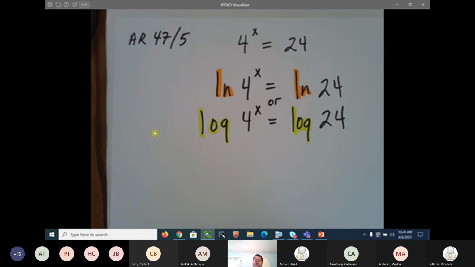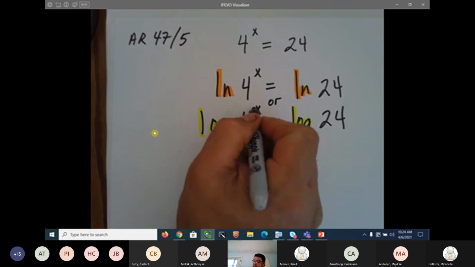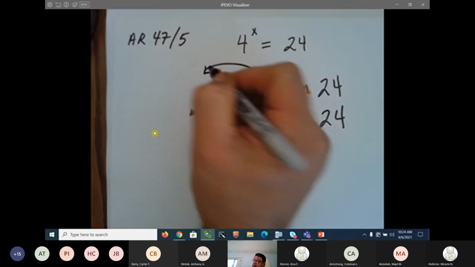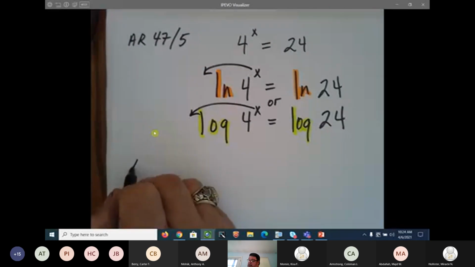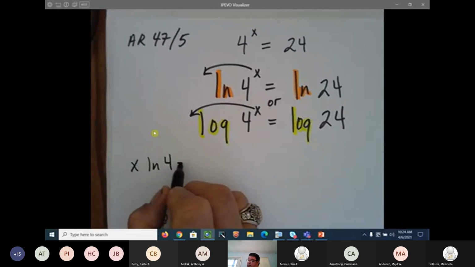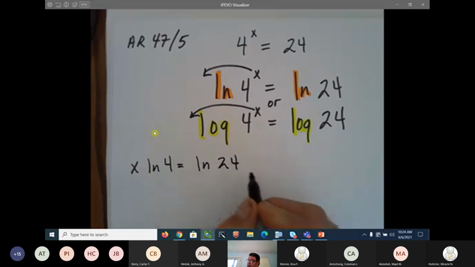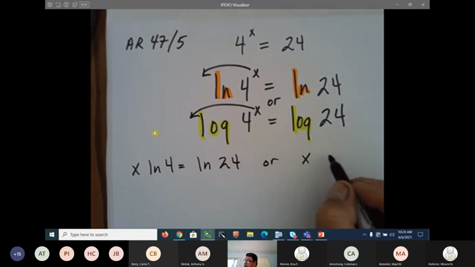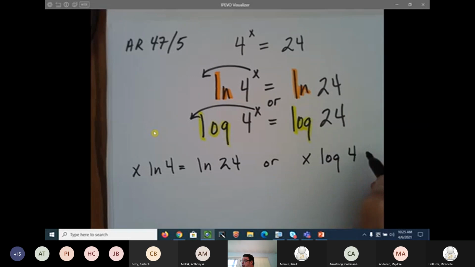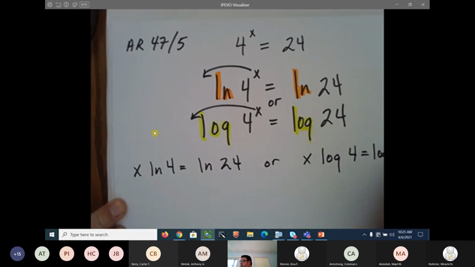Somebody tell me what property you can use on the left-hand side. Power rule, Hubert. That's right, class, the power rule. And that'll give you x natural log of 4 is equal to the natural log of 24, or x log of 4 equals log of 24.